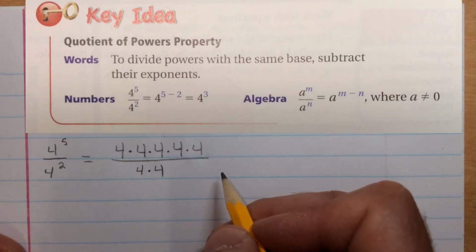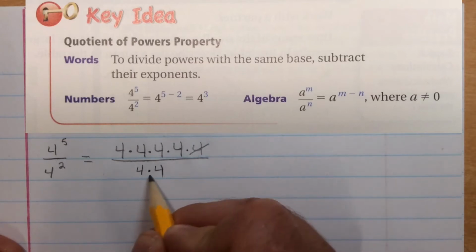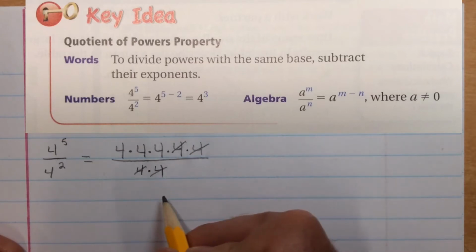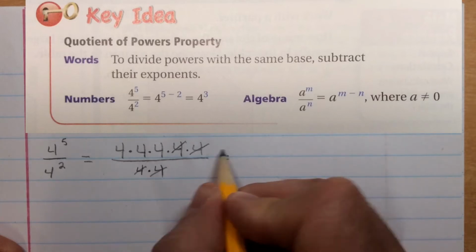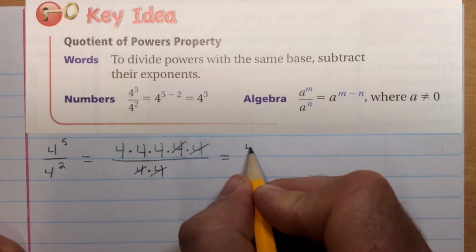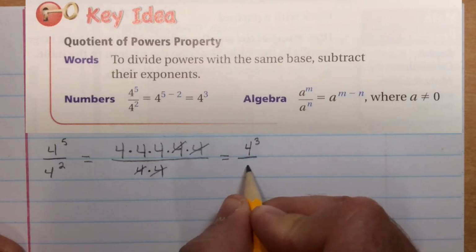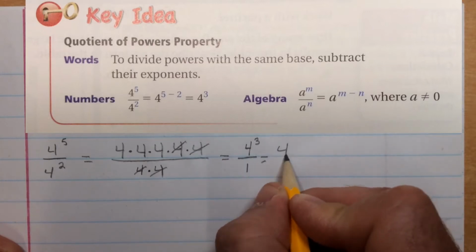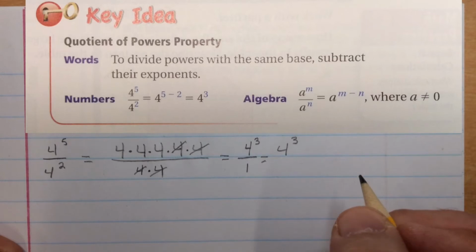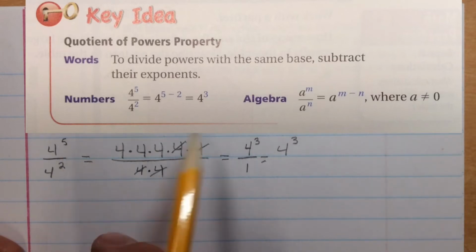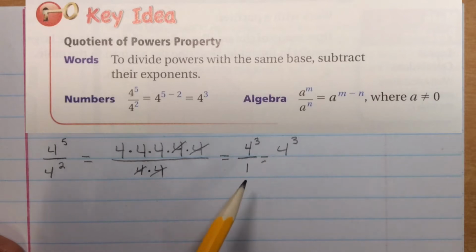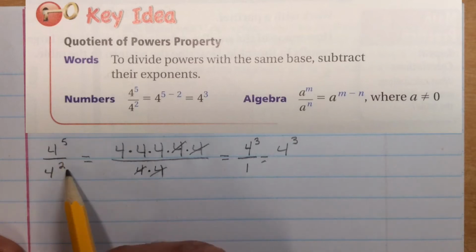If we simplify before we multiply, a 4 cancels with a 4, another 4 cancels with a 4, and I'm left with just 3 4s on the top, which is 4 to the 3rd power, over 1, which is just 4 to the 3rd power. We could have gotten that just from subtracting these two to get 4 to the 3rd power. So this is why it works out, but if you can remember just to subtract those two.